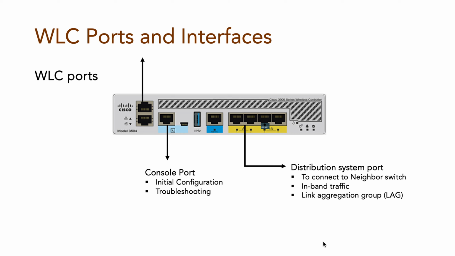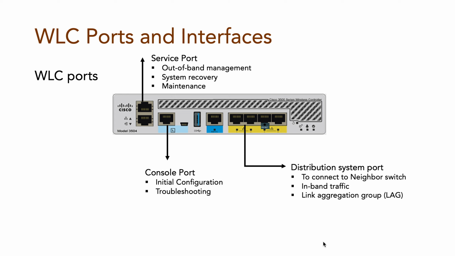Then we have the service port. The service port is used for out-of-band management of the controller, or system recovery and maintenance in the event of network failure. The port is assigned to a management VLAN so that you can access the controller via SSH or web browser to perform any configuration or maintenance.